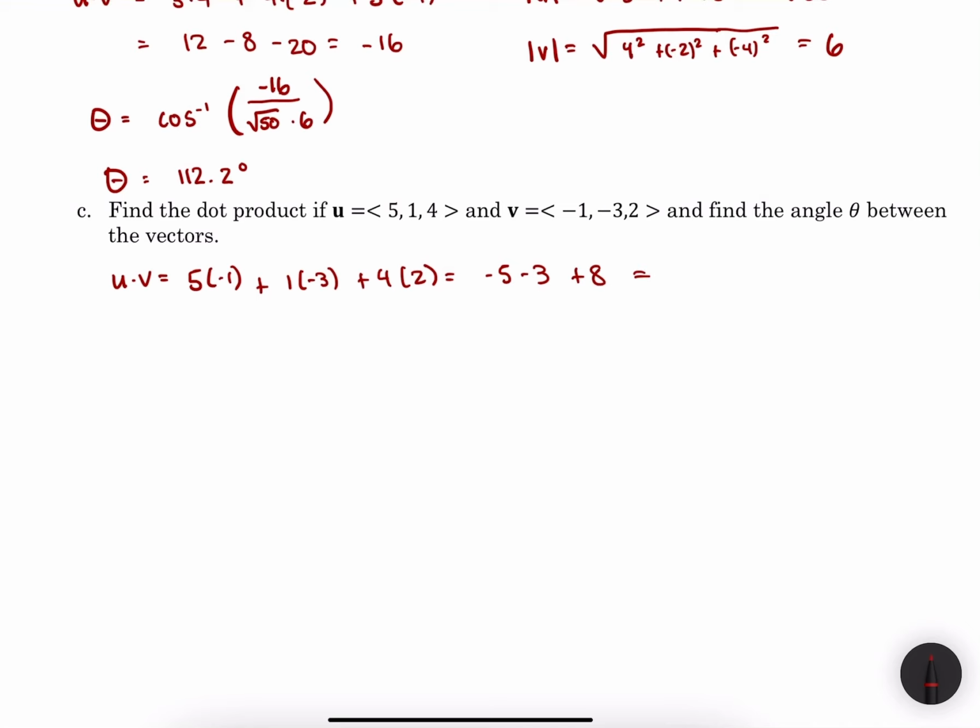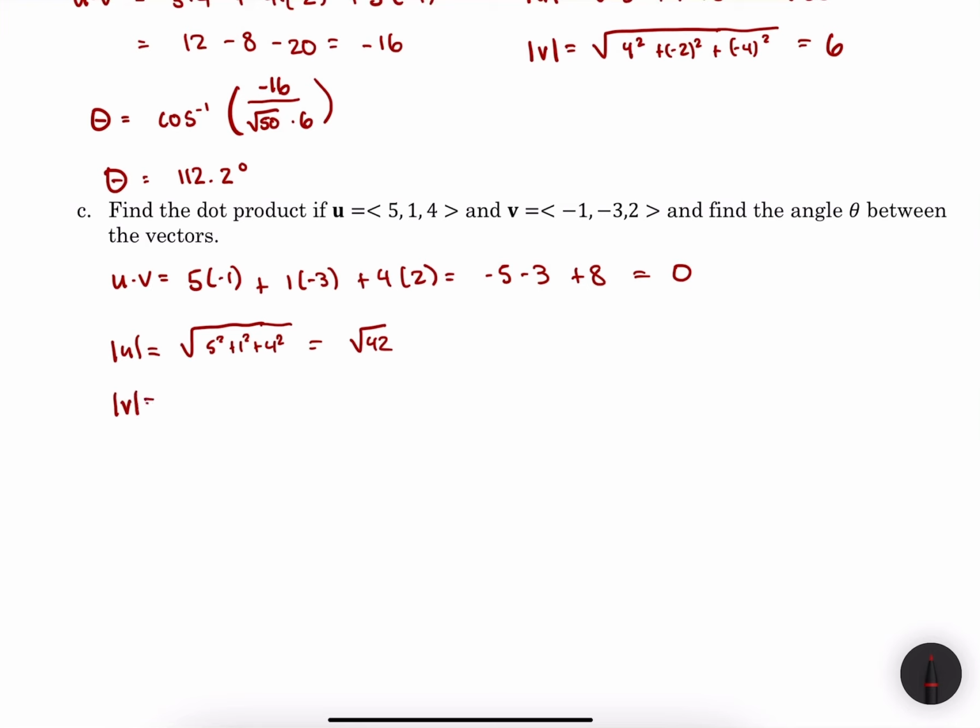That seems as if we might get 0. But imagine we didn't get 0 for a minute. Then the magnitude of u is going to be the square root of 5 squared plus 1 squared plus 4 squared. So that's 25 plus 16, 41 plus 1, so we get the square root of 42.